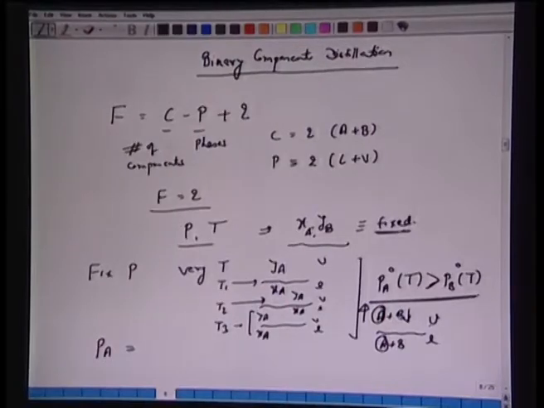How? Quantitatively we can calculate the partial pressure of A as YA P equals XA PA0(T), or PB equals (1 minus YA), which is YB, times the total pressure, equal to (1 minus XA), which is XB, times PB0(T).